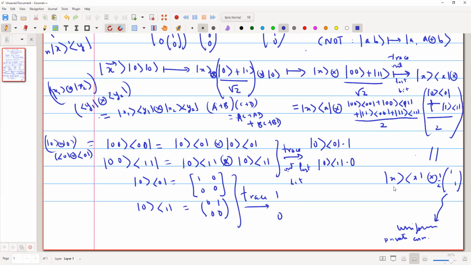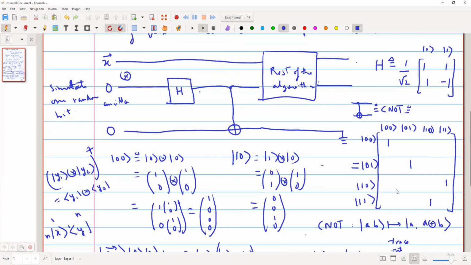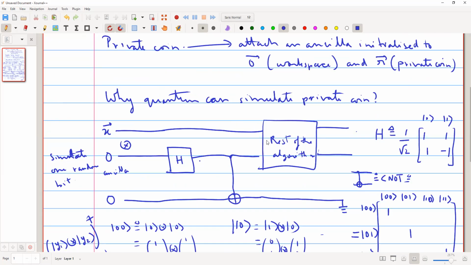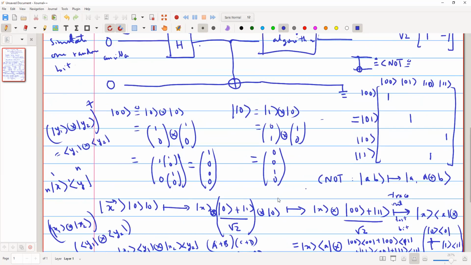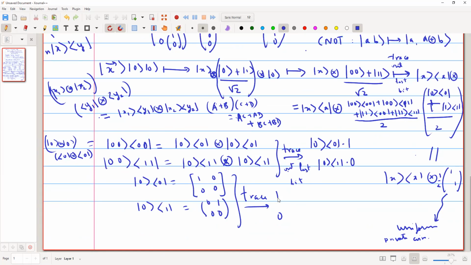So the rest of the algorithm works as well as in the classical case. What the rest of the algorithm sees here is that there is X here, and then there's a uniformly random bit. So is this calculation clear? Okay, good. Let's proceed now.